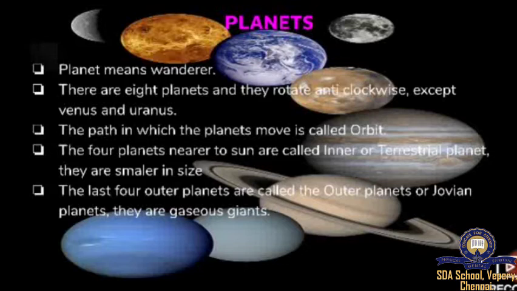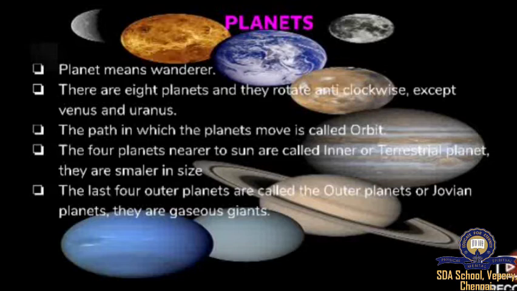It is called a wanderer because it revolves around the sun. It rotates anti-clockwise. Except Venus and Uranus, every planet rotates in the anti-clockwise direction. The path in which the planets move is called the orbit.